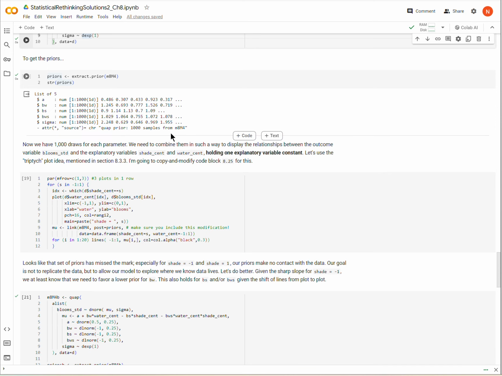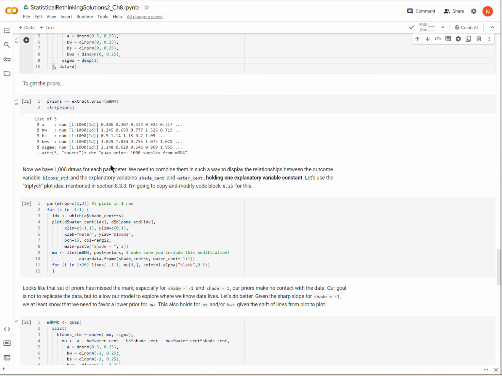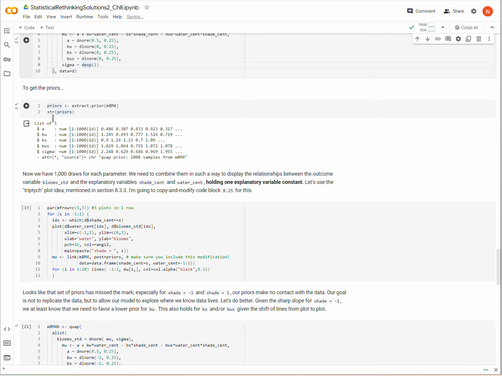So now what we need to do is plot the implications of these priors. We need to find a way of looking at the relationship between blooms and shade and blooms and water. And whenever we're looking at one of those relationships, say bloom and shade, we need to hold the other constant, right?